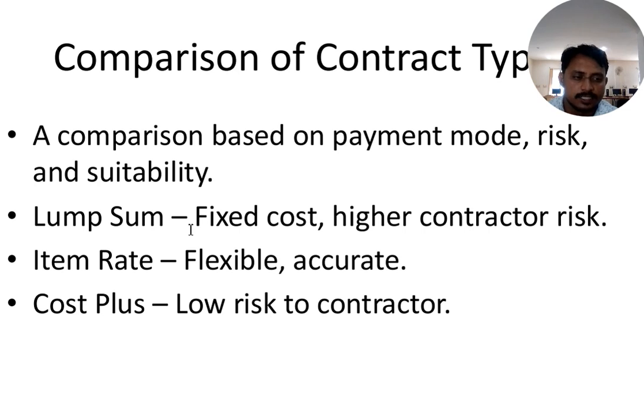Then, who bears the risk? In lump sum contract, the contractor bears the risk. Item rate contract is a flexible and accurate method among all the methods, and cost plus contract is also low risk to the contractor. So this is about the contracts and types of contracts in unit 5.